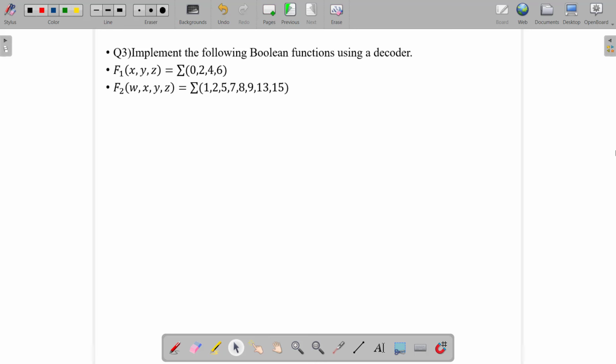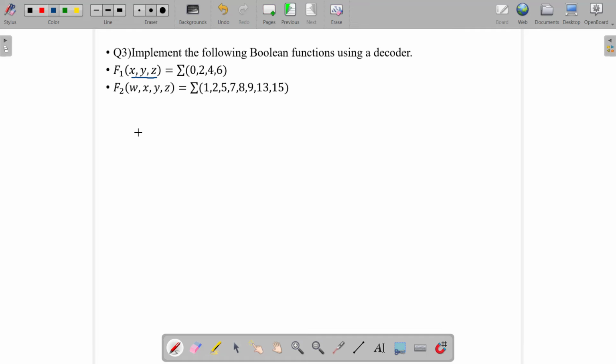In question number 3, the question says to implement the following Boolean function using the decoder. So we know how using the decoder we can design different types of functions. We look at the number of variables.